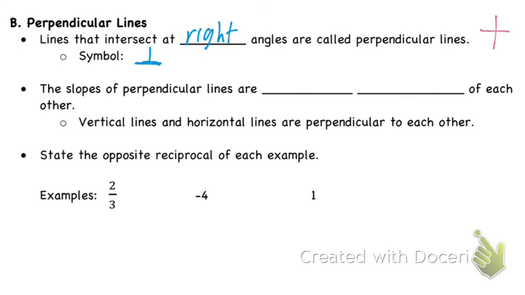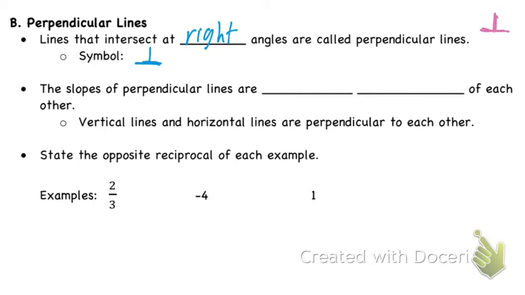That would be like two perpendicular lines. This would be like 4 right angles. But it'd be two perpendicular lines because they create the right angles. But if I write like this, does that kind of look like something else we see in math? Kind of looks like a plus sign. Yeah. So that's why we erase that part, and boom, we have the perpendicular symbol.